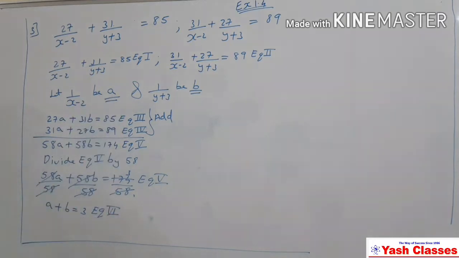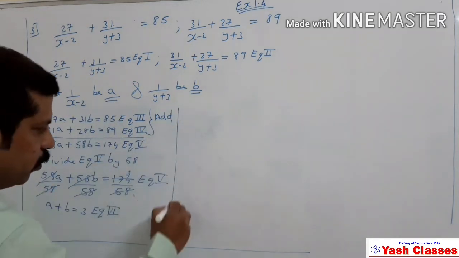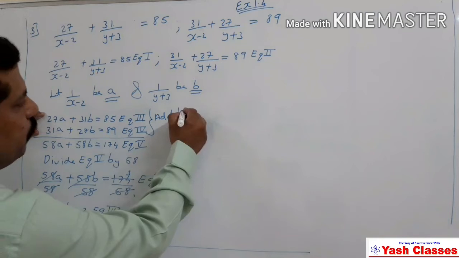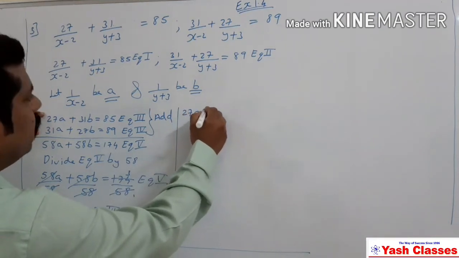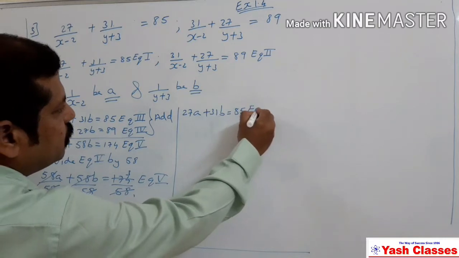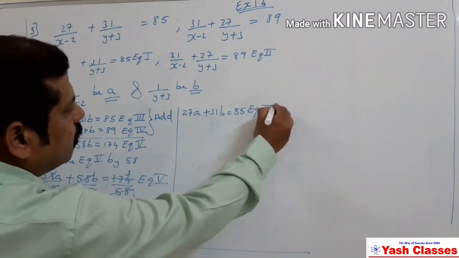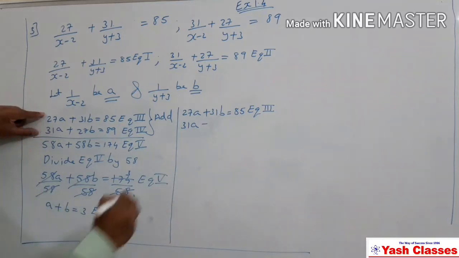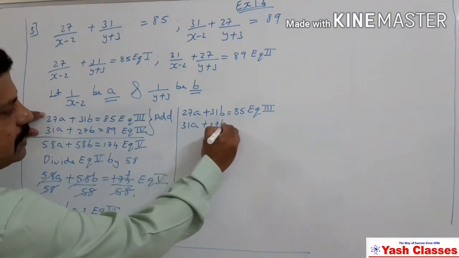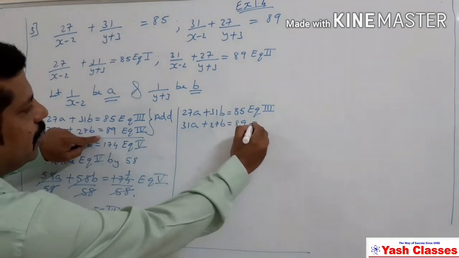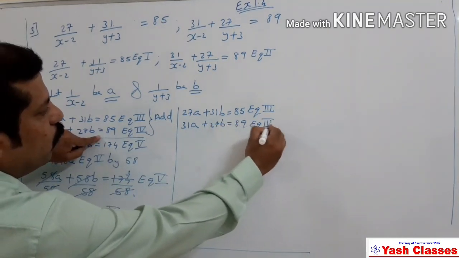Okay, that was by addition. Now here we have to subtract. Take the same equations 3 and 4. 27a plus 31b is equal to 85, equation number 3, and 31a plus 27b is equal to 89, equation number 4.